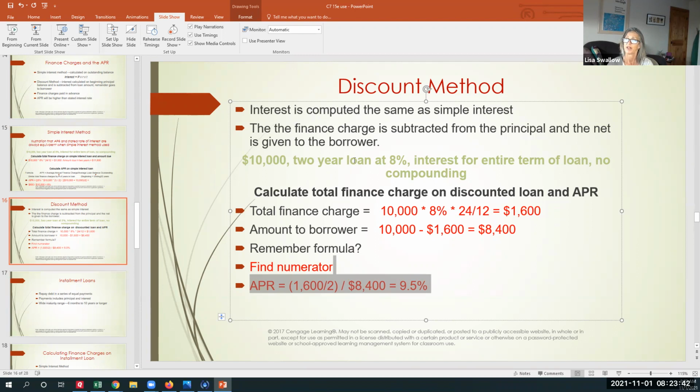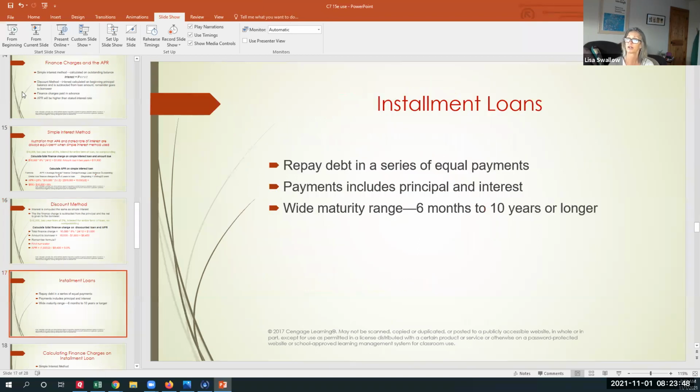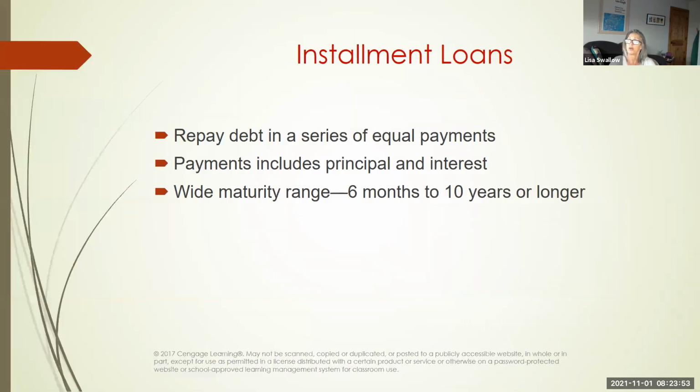Okay, these aren't super common, but you do need to know the difference in how they look. An installment loan is what most of us are most familiar with. When you get out of school and you start paying back your student loans, that's what they're going to look like. Car loans, that's what they look like. Those will probably be the most common.